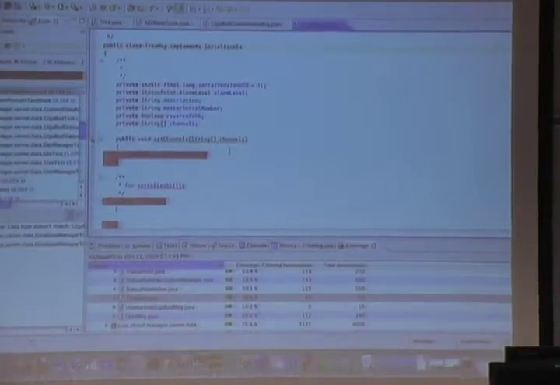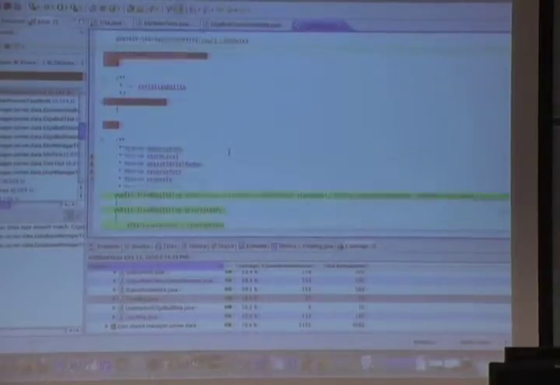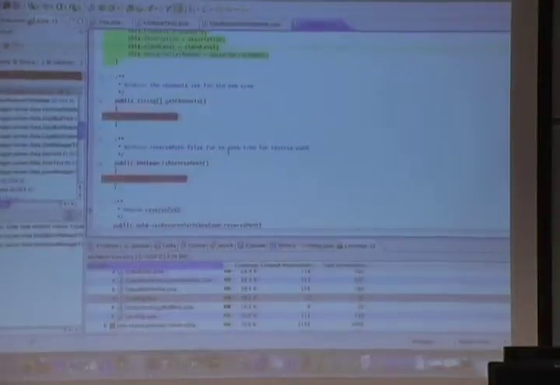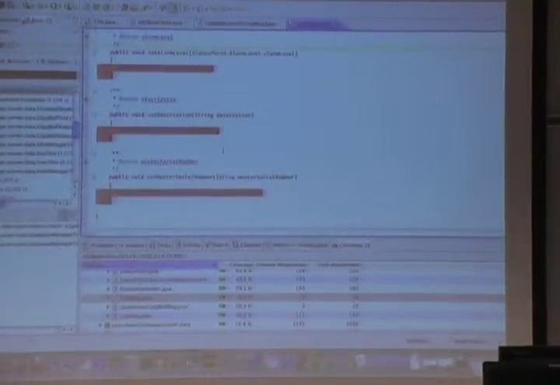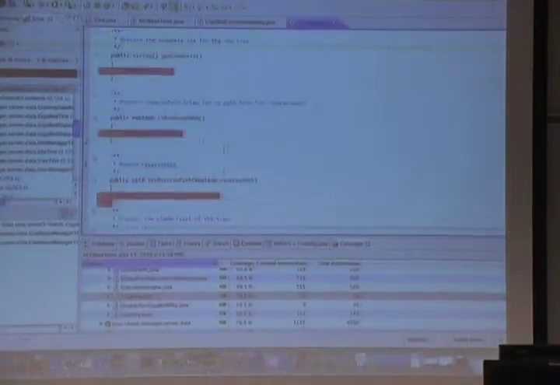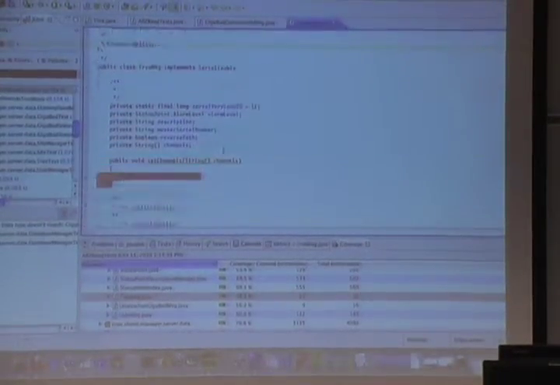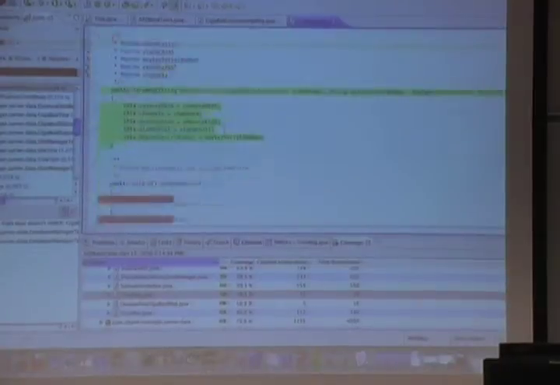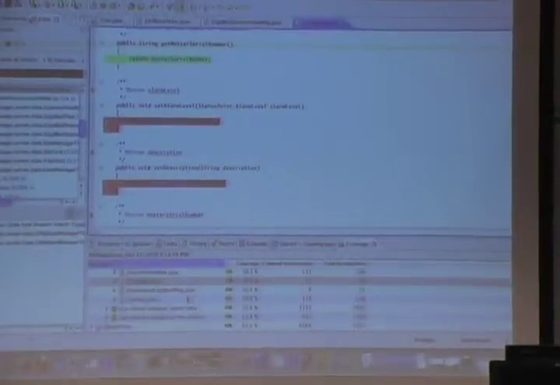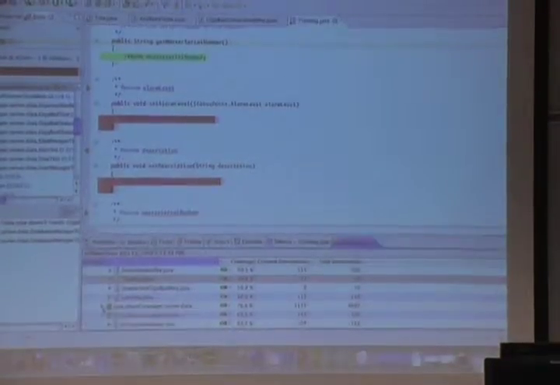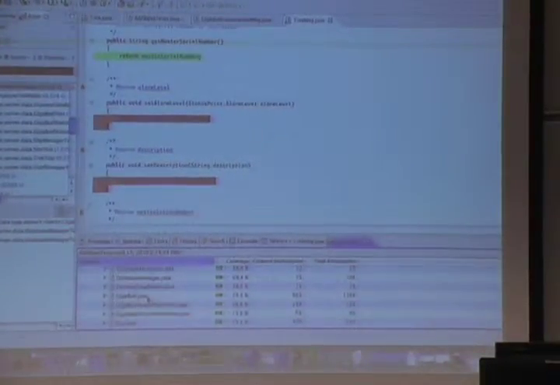Set channels isn't covered. Getting channels. And this is a good example of, in this one, it's just the getters and setters that aren't covered, and they were probably written by Eclipse anyway, so I don't know that I'd be really upset about that. There will be more interesting ones in here.